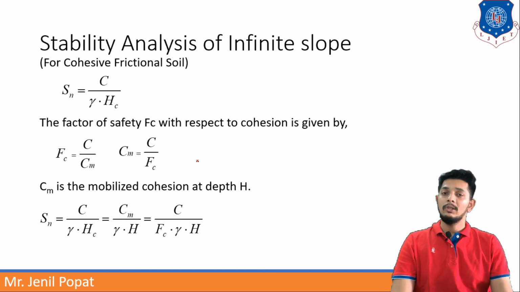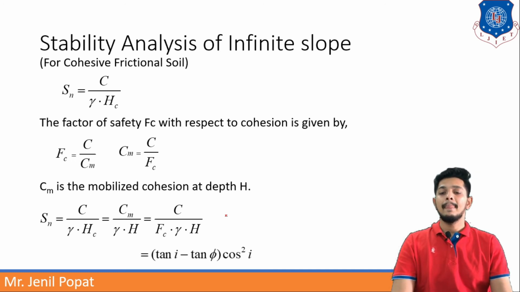Now if it is at depth h, we can write Sn is equal to c upon gamma into hc, that is what we have derived, is equal to, if it is the same height h, then cm upon gamma into h, and it is also written as c upon Fc into gamma into h. These are mathematically derived formulas, very simply.